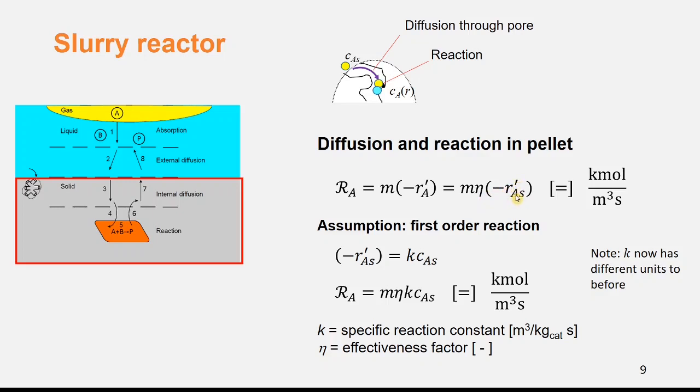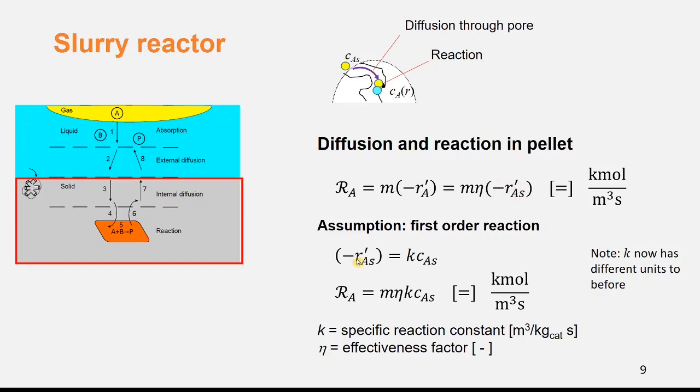Okay, so the reaction rate at the surface of the pellet, just as we did in topic 3. So capital RA is equal to M, the catalyst loading, times the effectiveness factor eta, times the rate of reaction at the surface of the pellet. So that's negative RAS prime.